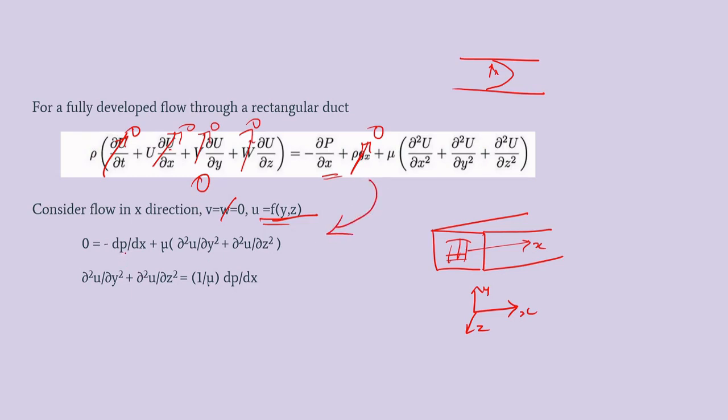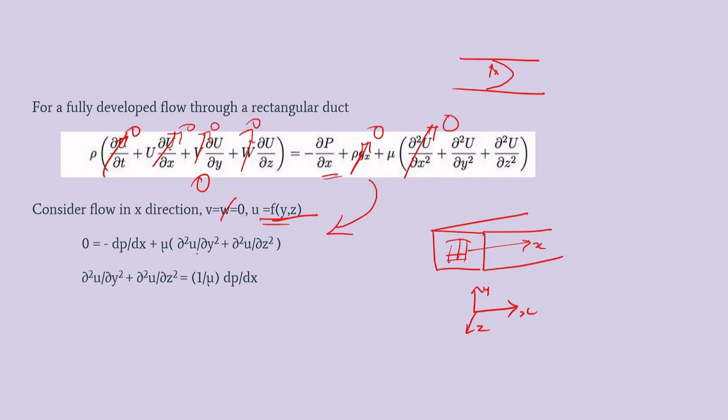0 is equal to minus dp by dx, which is the pressure gradient, plus mu into dou square u by dou y square plus dou square u by dou z square, because this term will become 0 as u is a function of y and z only. Once dou u by dou x is 0, dou square u by dou x square is also 0.